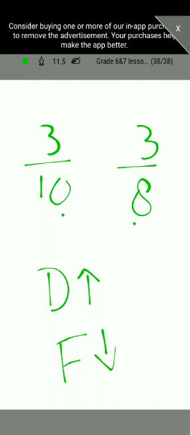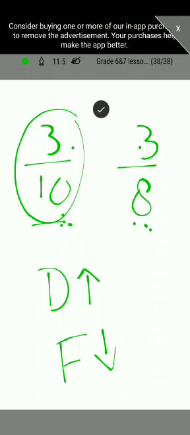In this type of fraction, where the numerators are the same but the denominators are different, 10 is bigger than 8, so the fraction 3/10 is smaller. The fraction with the bigger denominator will be smaller. Okay, so we put here 3/10 is smaller than 3/8.